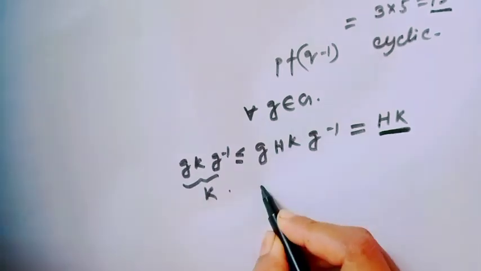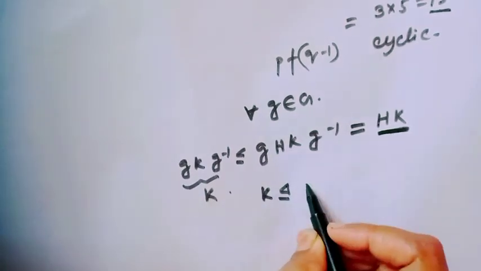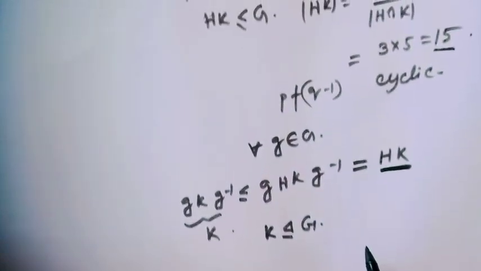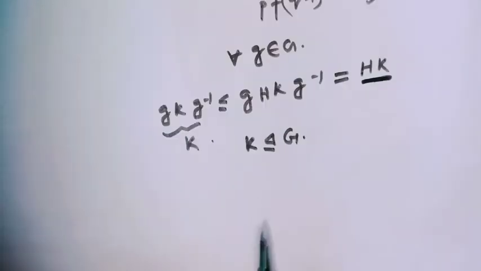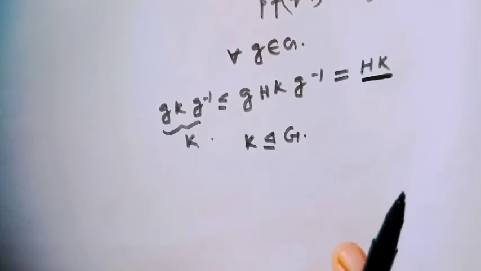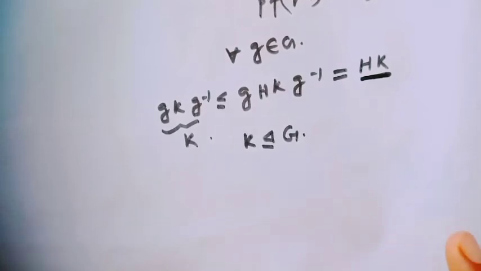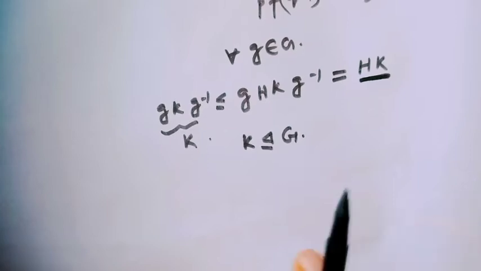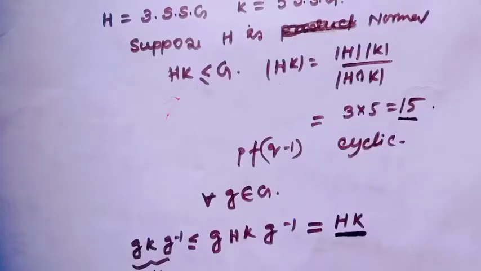That implies K is a normal subgroup in G. I considered S normal and then got that K is also normal. By a similar argument, if you consider K normal, then S will also be normal. Initially I saw one of them must be normal, but now I have got that both of them must be normal. And this is the deep construction of any group, and this is the actual topic of today's lecture.